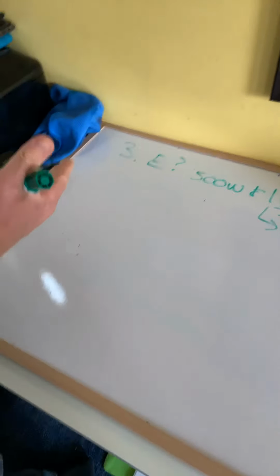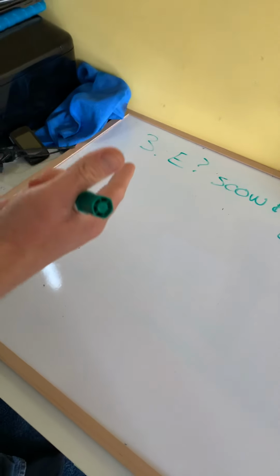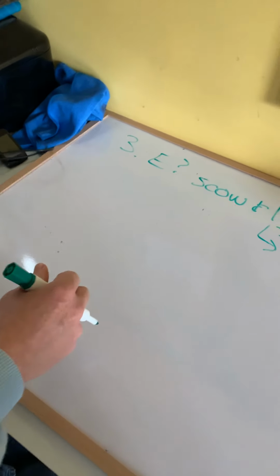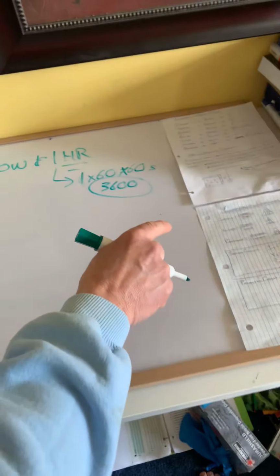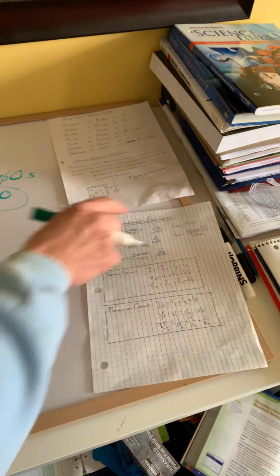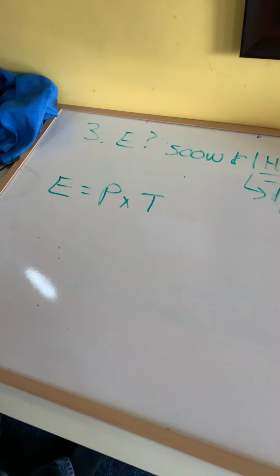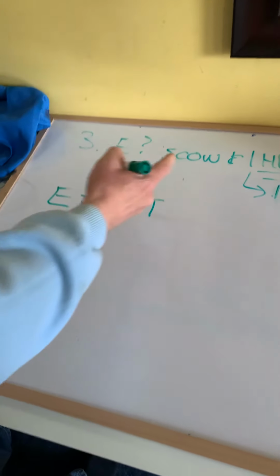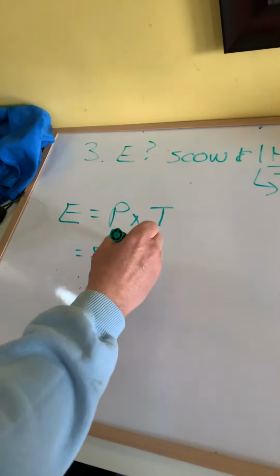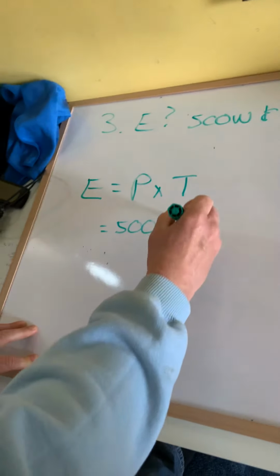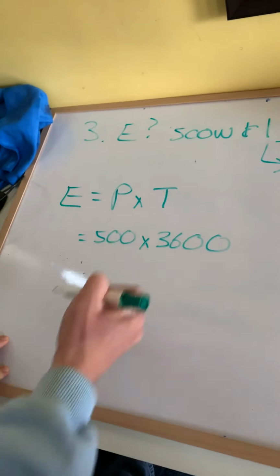Okay, so it's energy, and we're given some power and some time. So I think I gave you guys that little equation, power, energy, and time back the other day. So that's the one we're going to want to use. We're simply going to want to manipulate it though, so we get energy equaling power times time. We know our power is 500 watts, and we've already pre-calculated our time to be 3,600 seconds.